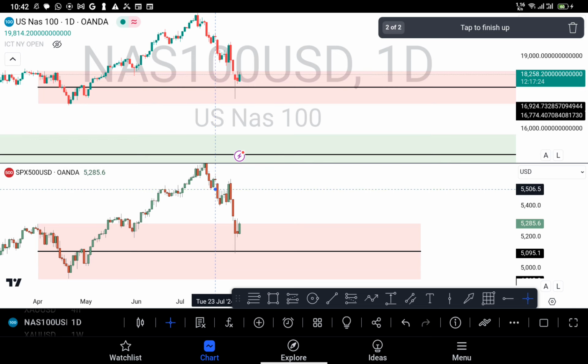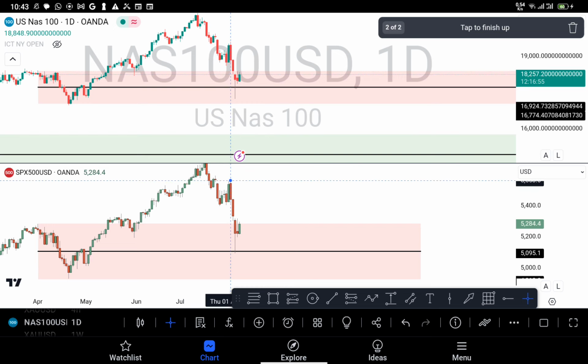We traded up and then we broke structure here, and then we created an inducement here. Please check the vertical line because I'm talking about both assets at the same time. We created a swing high, this vertical line represents a swing high, and then we cleaned that swing high while testing this order block.